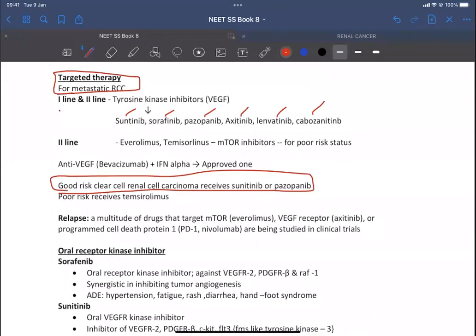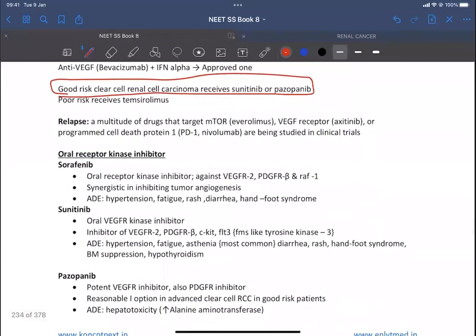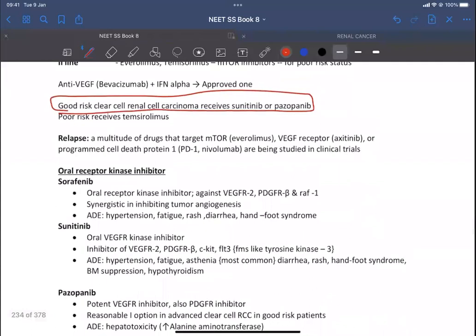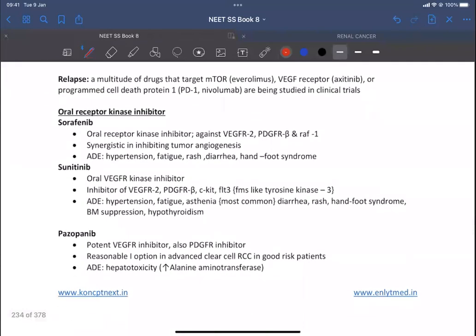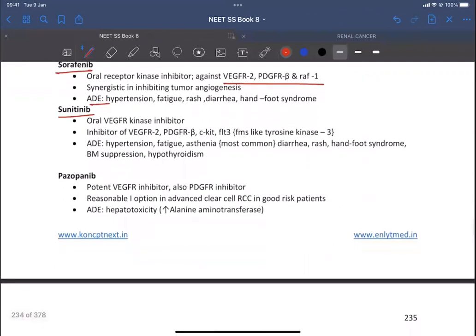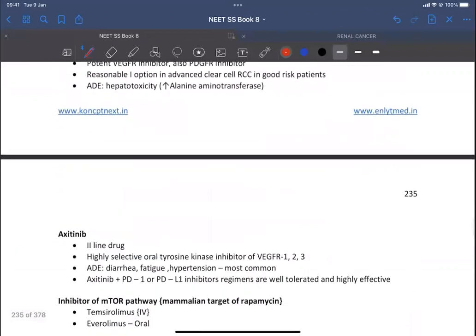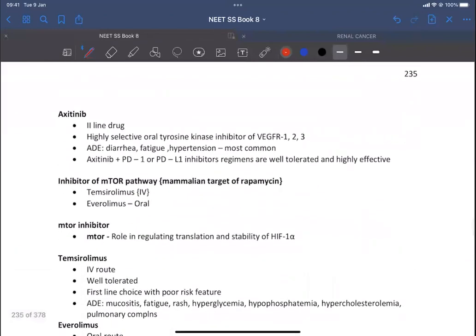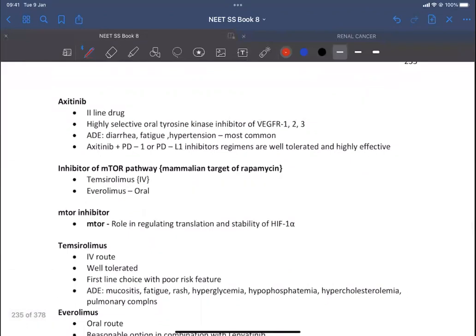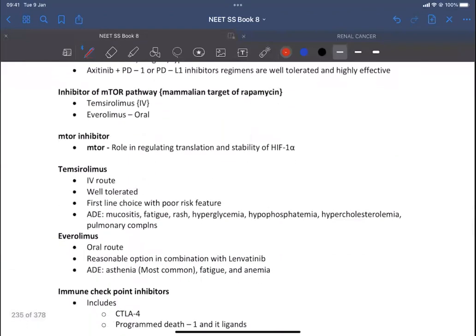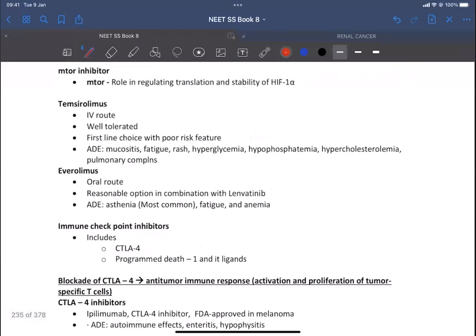Very rarely do people use sunitinib anymore. Again, there is a brief description about each of these drugs. You need to remember what they act against and what their side effects are. So it's just different drugs, it's pharmacology, and fortunately, as I said before, not a lot of different ways to remember this.